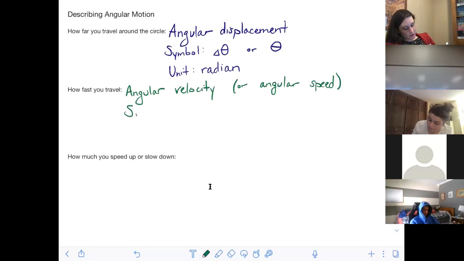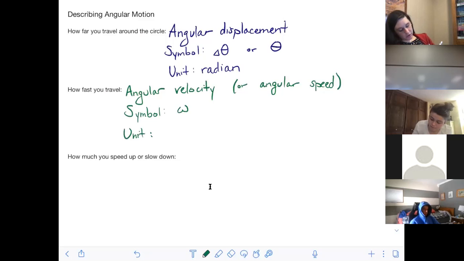So the symbol that we are going to use for angular velocity is a Greek letter. It is the lowercase Greek letter omega, which looks like a curvy little w.